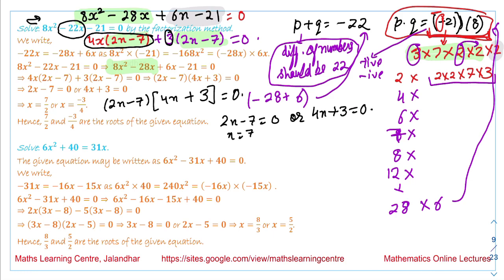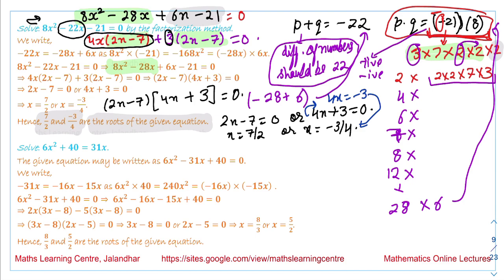So x is equal to 7 by 2, or x is equal to minus 3 by 4. Why minus 3 by 4? You can write it as 4x is equal to minus 3, so x is equal to minus 3 by 4. So these are the two roots of this equation: 7 by 2 and minus 3 by 4 are the roots of the given equation.